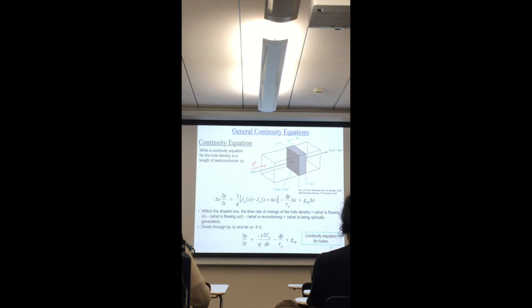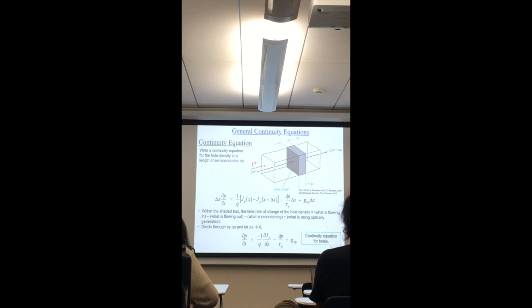Okay, so basically this is the electron. Here it can increase the electron. If we keep throwing holes into this region, then we can increase the hole concentration. But in the meantime, we have current flowing out, so this can reduce the hole concentration.